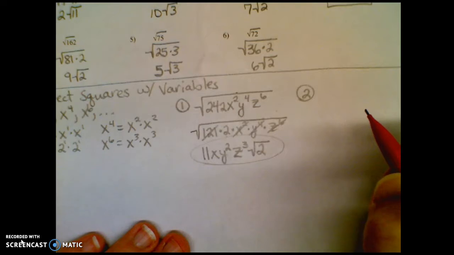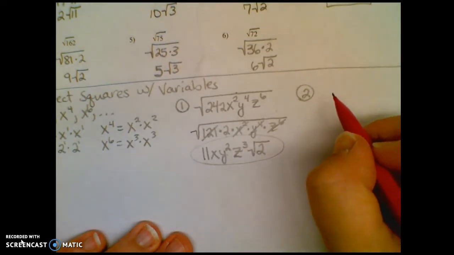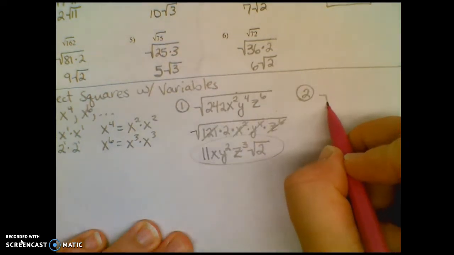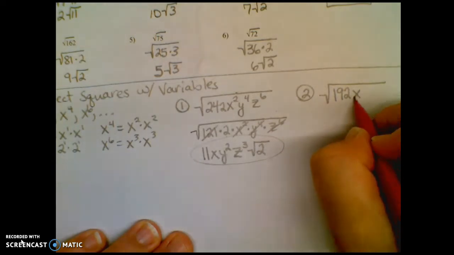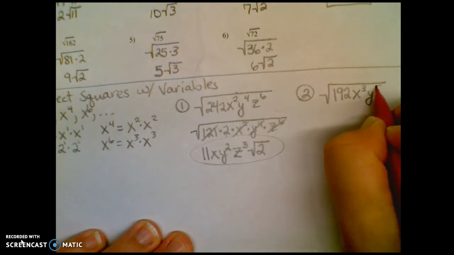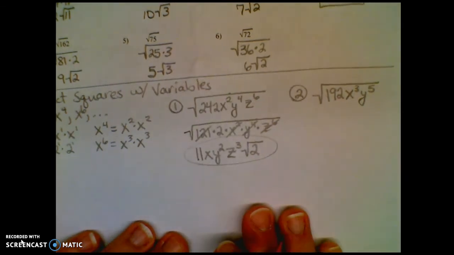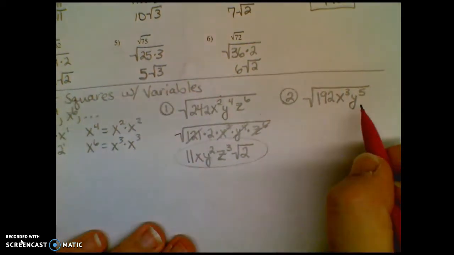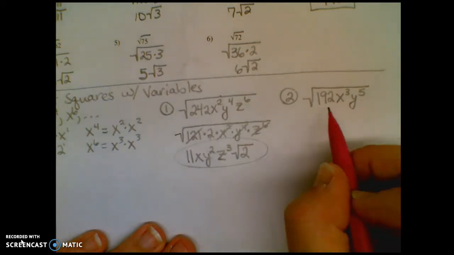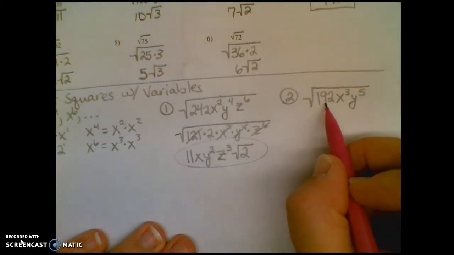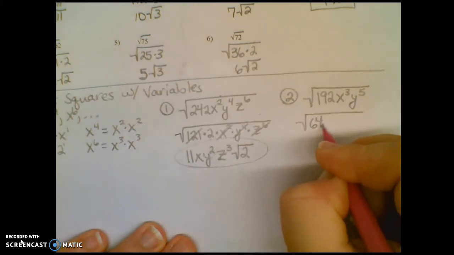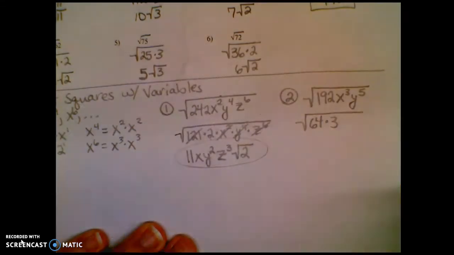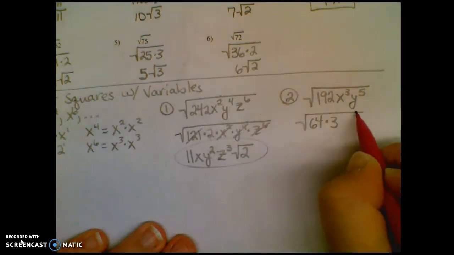Second example, we're going to do one that has some odd powers. So square root of 192, x to the third, y to the fifth. We're still going to factor out perfect squares. So 192 factors into the perfect square 64 times 3. That's its remaining factor.